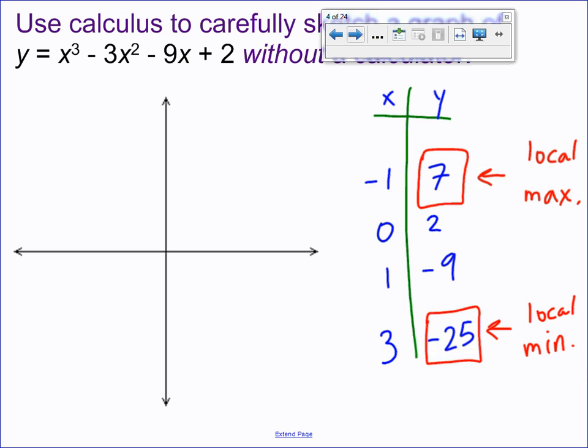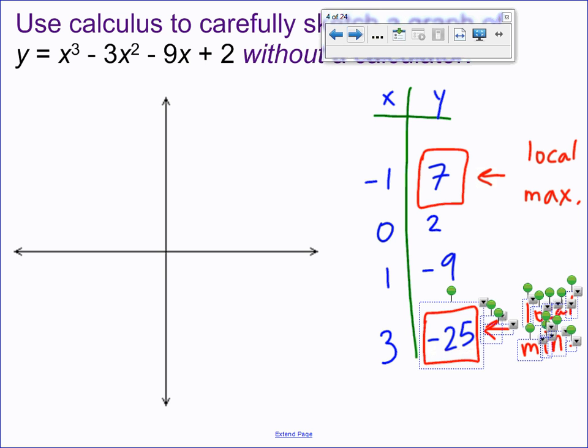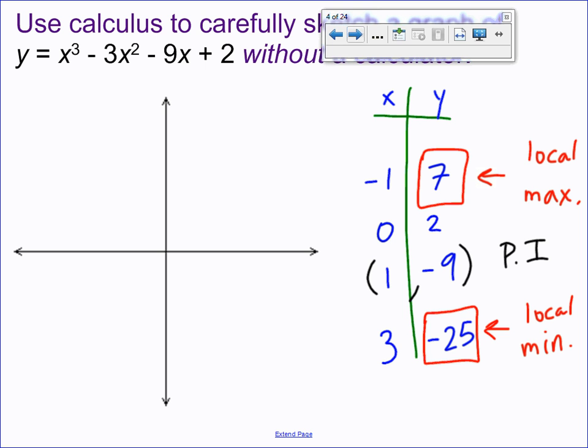Yeah. So negative 25. There, that'll fit. And we saw that at x equals 1, y double prime changed sign, so this must be a point of inflection. So 1 comma negative 9 must be an inflection point. And I'll show that with a little x on our graph.